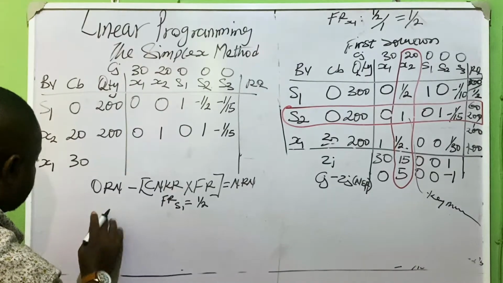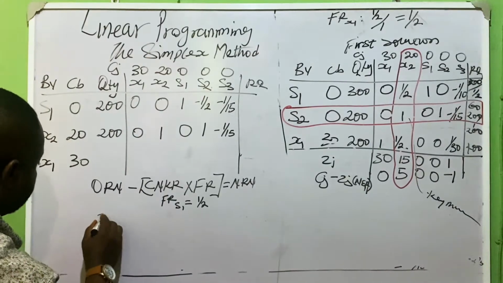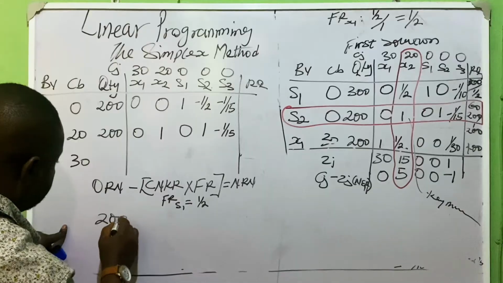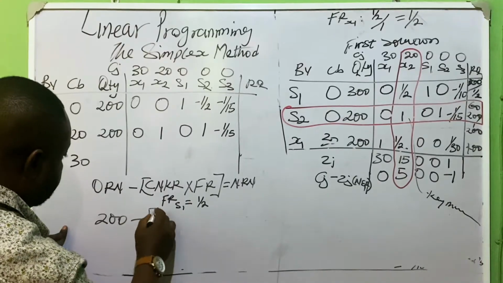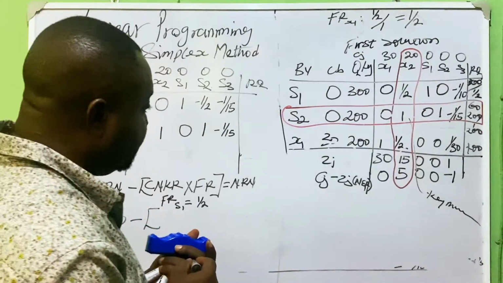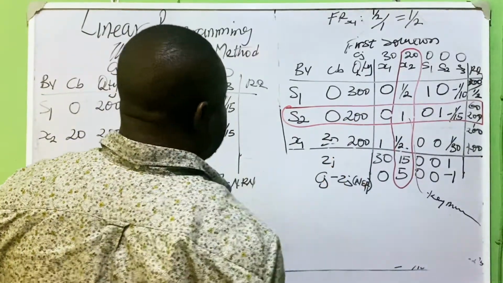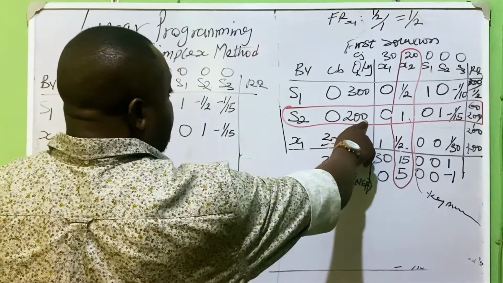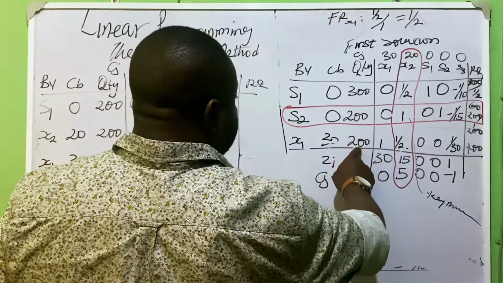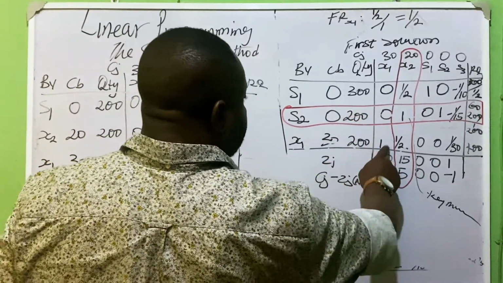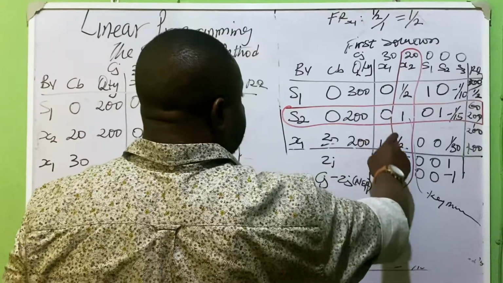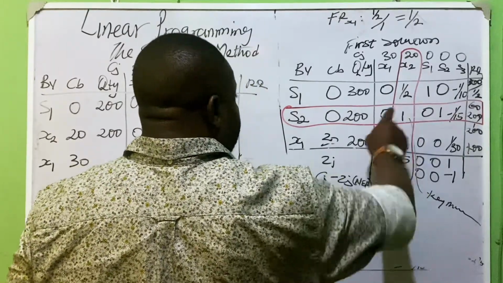First one is 200 minus the corresponding value to 200, which is 200 in the key row. This corresponds to 200. 1, 0 corresponds to it. 1 over 2, 1 corresponds to it.